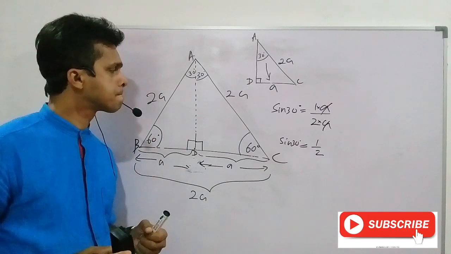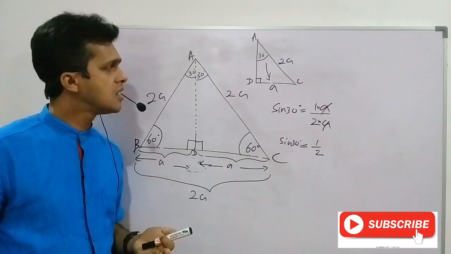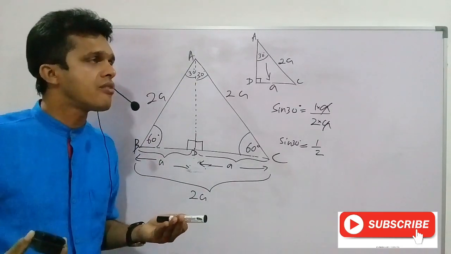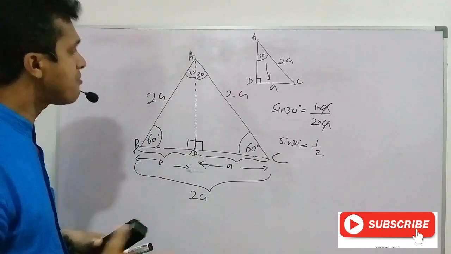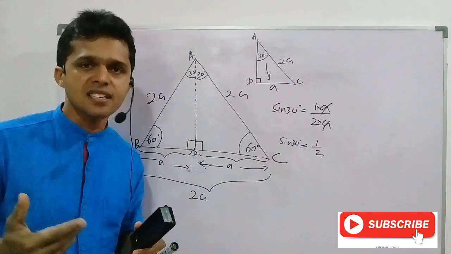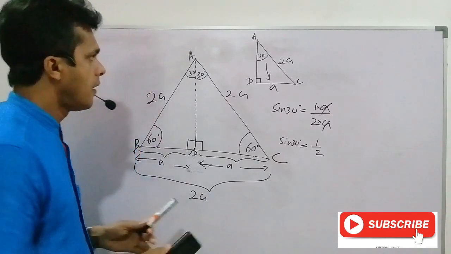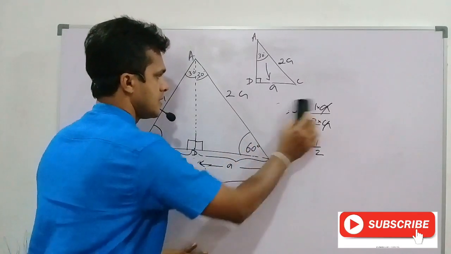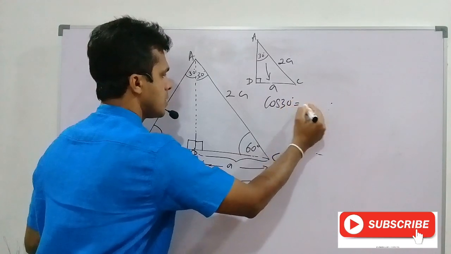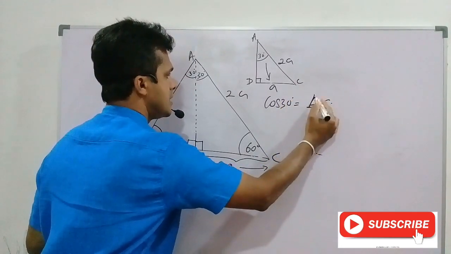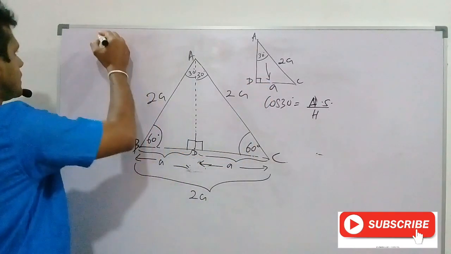Let's find cos 30. In order to find the value of cos 30, you know that cos equals the ratio of AS over H. First of all, the length of AD should be calculated. How is it calculated?